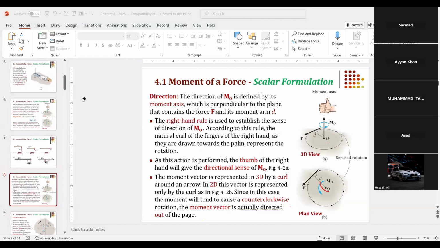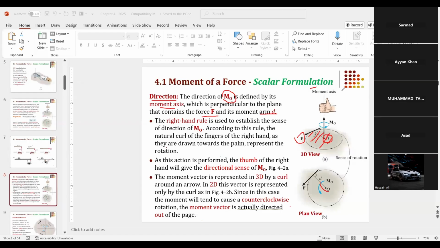Again, about the direction. Let me read it for you first. The moment MO is defined by its moment axis, which is perpendicular to the plane that contains the force F and its moment arm. Look, this plane right here contains both the force and the point O about which it is producing moment.